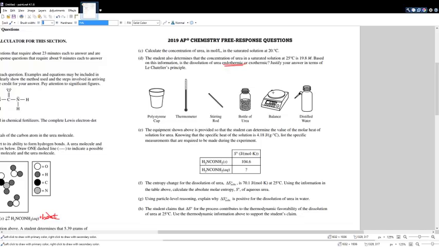And then after that, you need to measure or somehow find a value for the amount of moles of urea that you dissolved in the water. And the easiest way to do that is to measure the mass of the bottle with the urea in it.